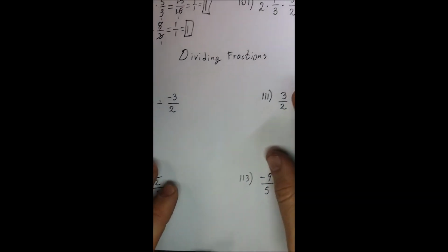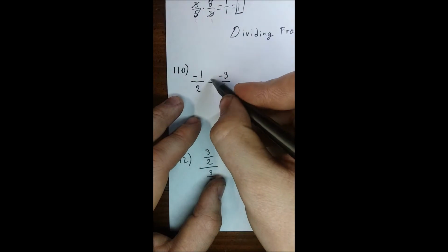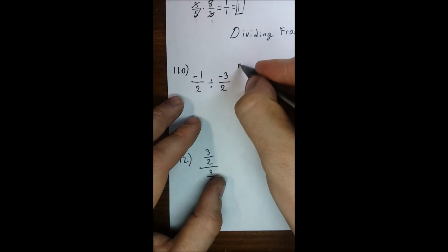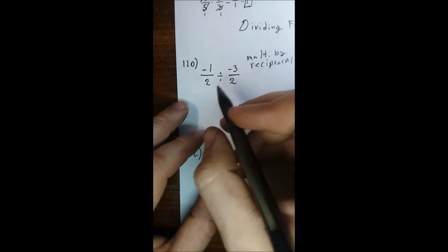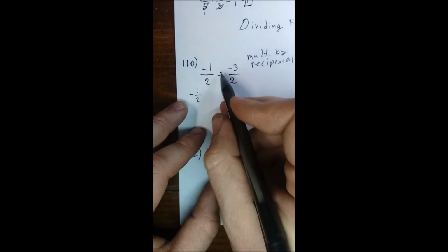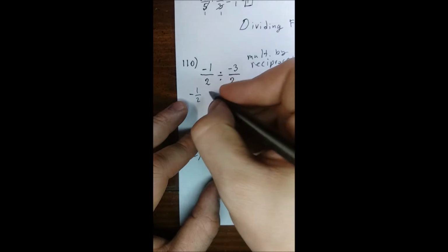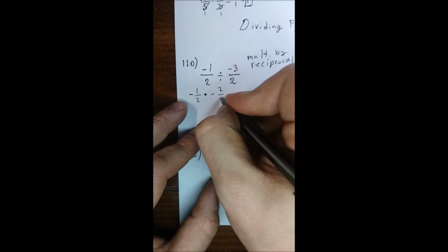Now we're going into division of fractions. Division of fractions is the same thing as multiplying by the reciprocal. And let me demonstrate. So it's going to be negative 1 over 2. If you're dividing by negative 3 over 2, it's the same thing as if you multiply it by negative 2 over 3.